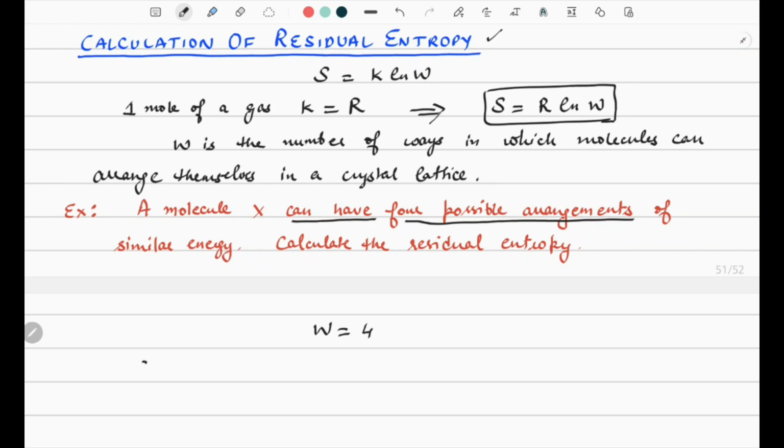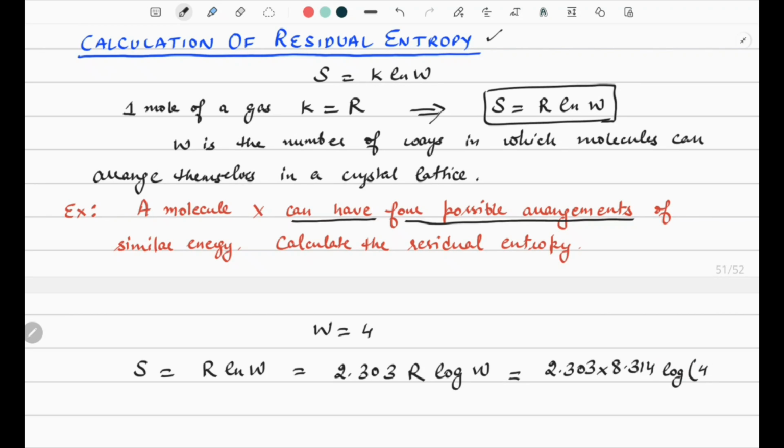So, what we will do is we will put this value in S is equal to R log of W, that is 2.303 R log of W. We have converted natural log into log base 10, substituting the values 2.303, 8.314 into log of 4.